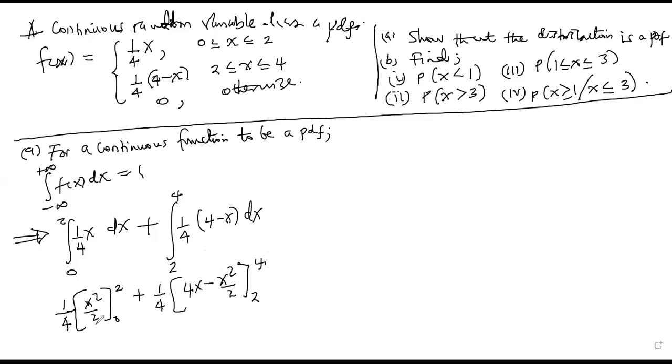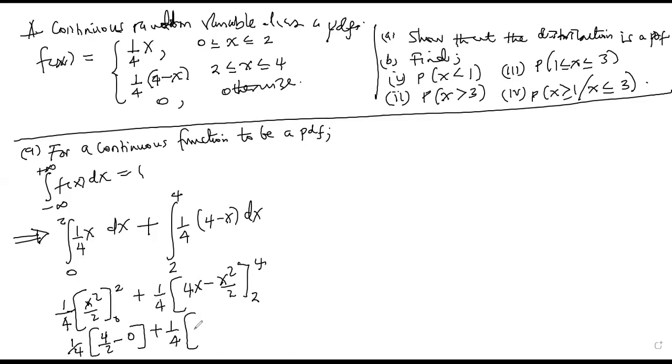Substituting the limits, a quarter, then 4, because it is 2 squared, so 4 over 2 minus 0, plus a quarter.